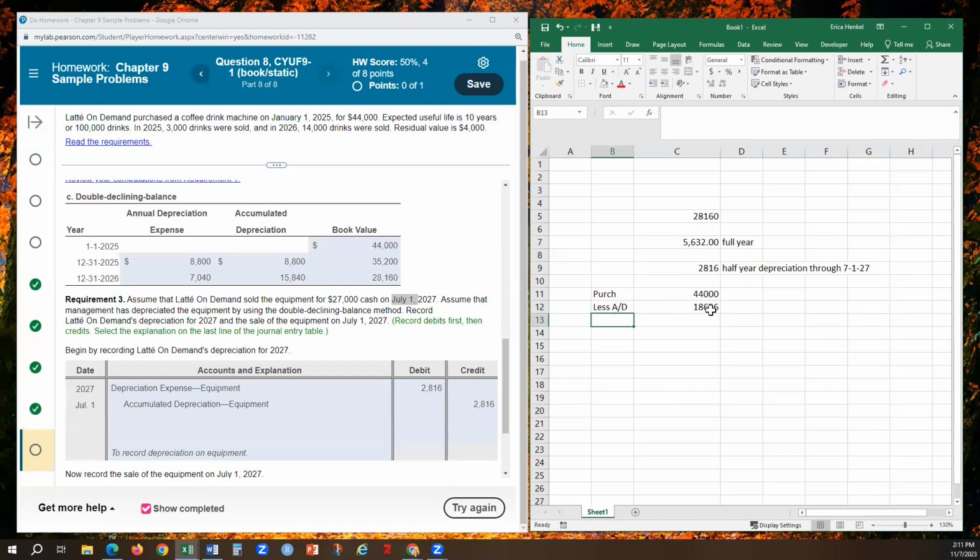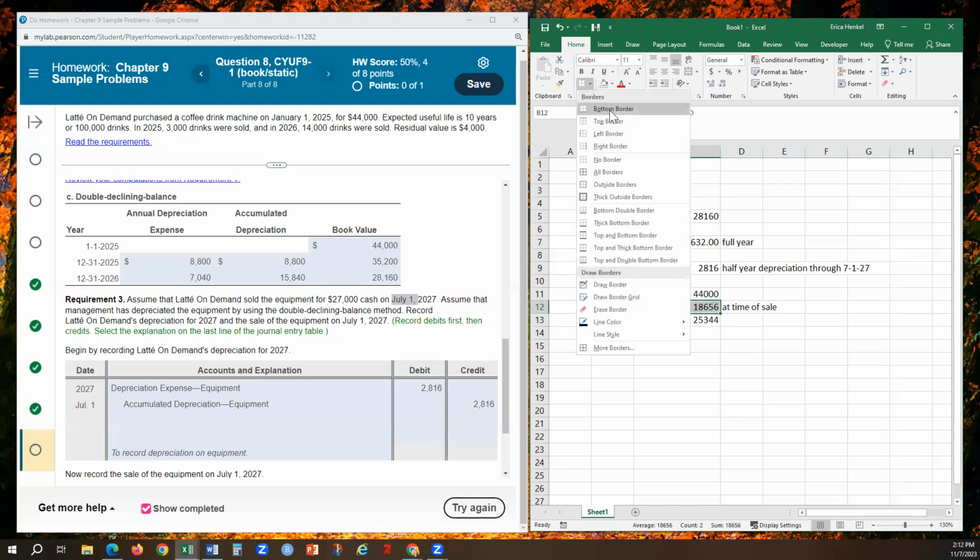So at the time of the sale, this is the accumulated depreciation that we had. So that gives us a net book value for this asset of $44,000 minus $18,656, which is $25,344.